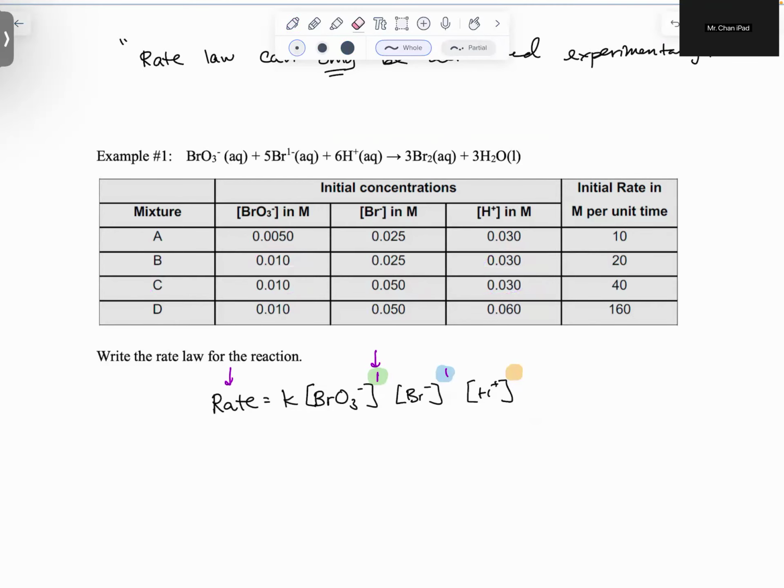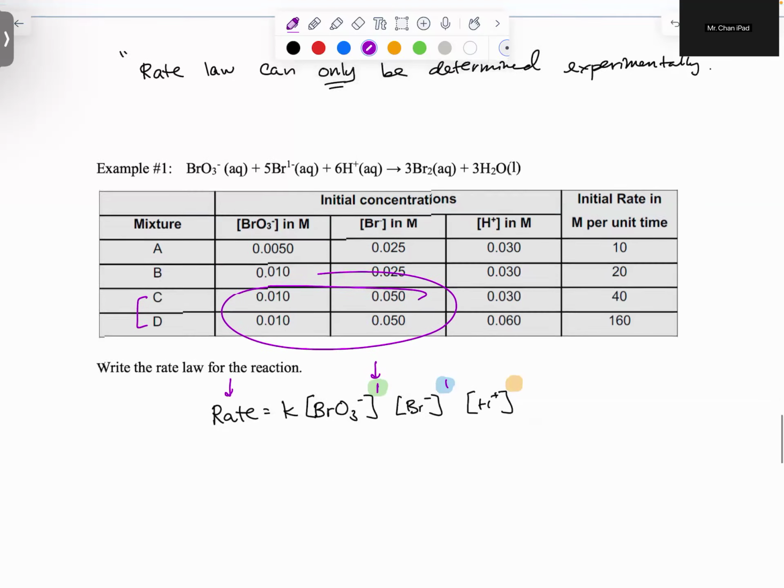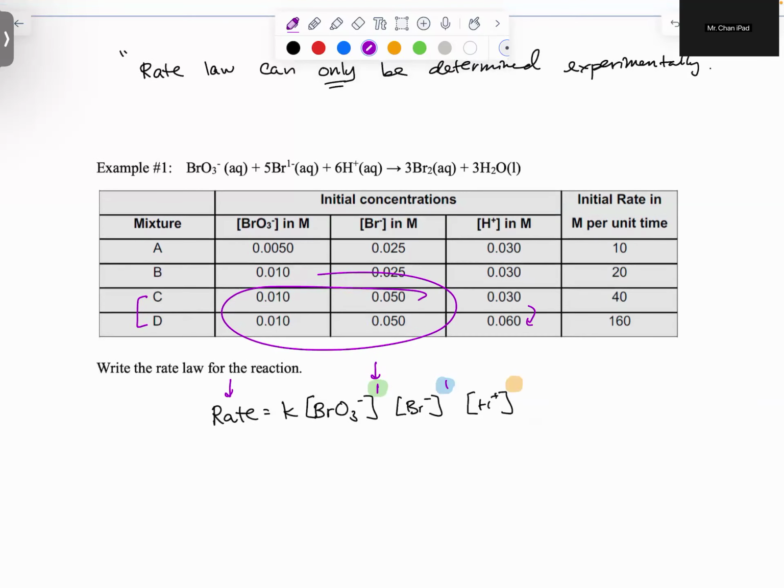All right. So to find out the order for hydrogen ion, we shall focus on C and D because the other two reactants have the same concentration. This one doubles, but the rate quadruples, squared.